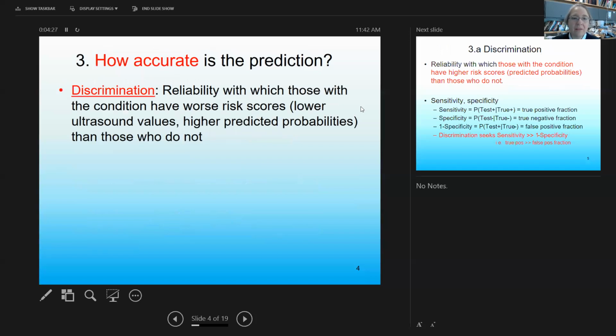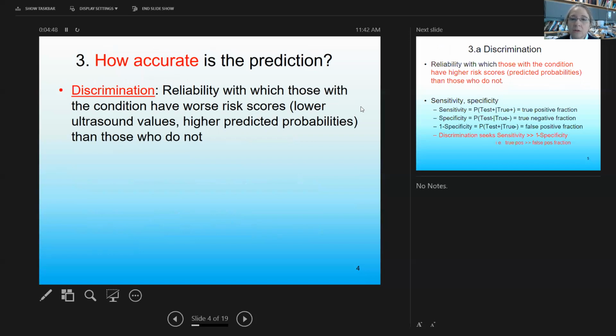So now that we have a prediction rule in hand, we need to judge how accurate that rule is for predicting the actual status of the person. And the feature of accuracy that we are going to consider today is discrimination, whose definition you can see in the slide before you.